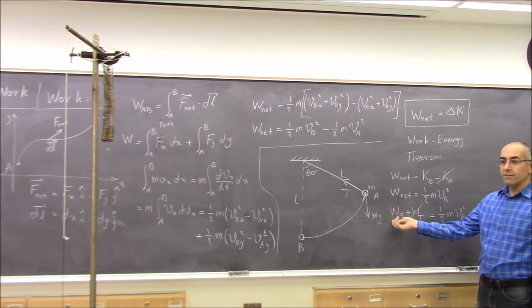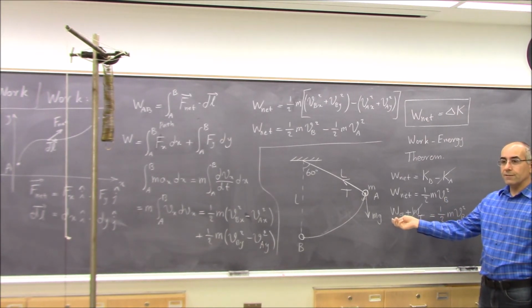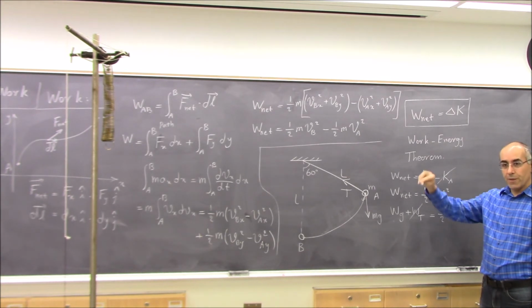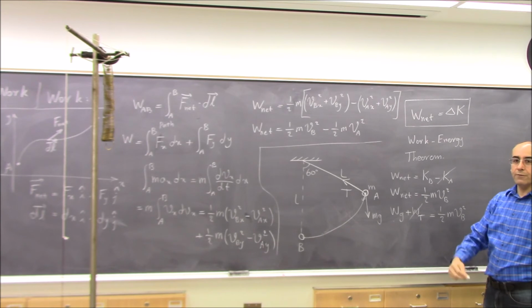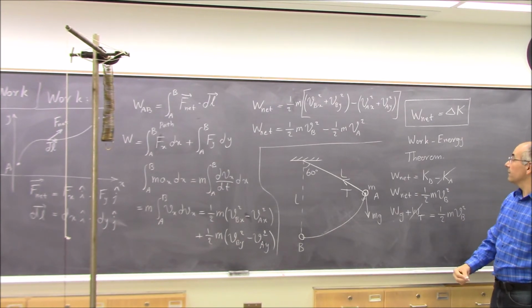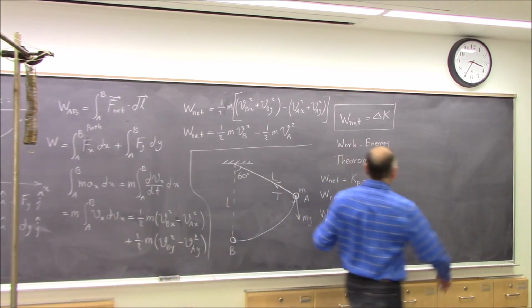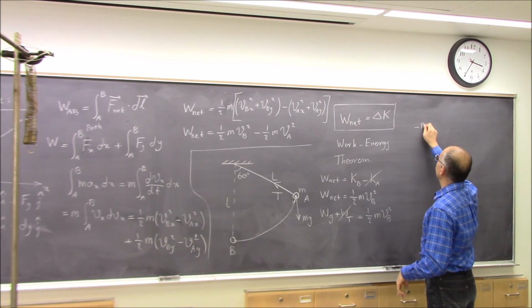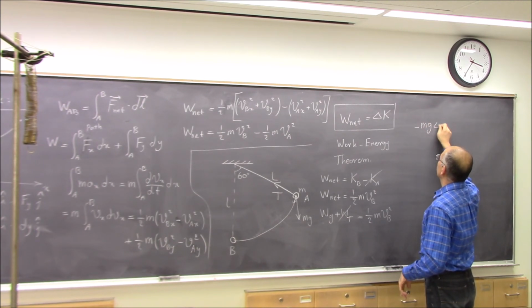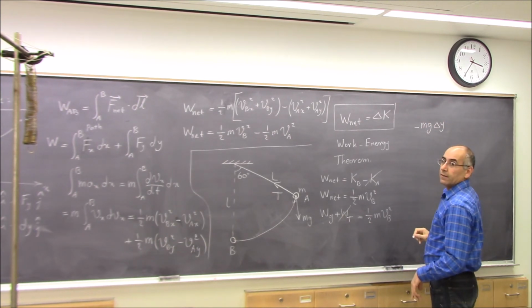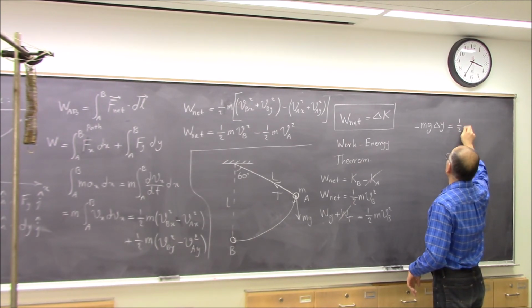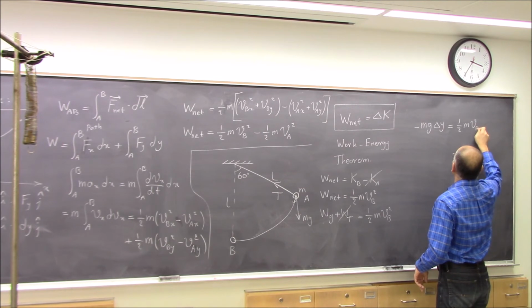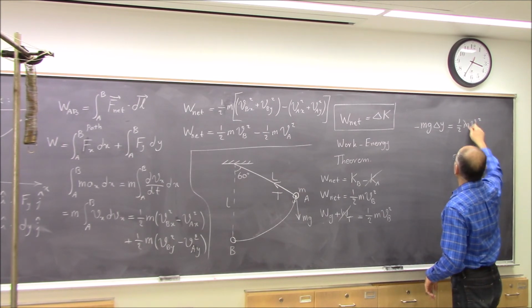What is the work of gravity? We just said it is independent of the path, and only depends on how far you go in the vertical direction. So the work of gravity is negative mg times delta y, where delta y is Y_B minus Y_A, equal to one-half m V_B squared. m cancels out.